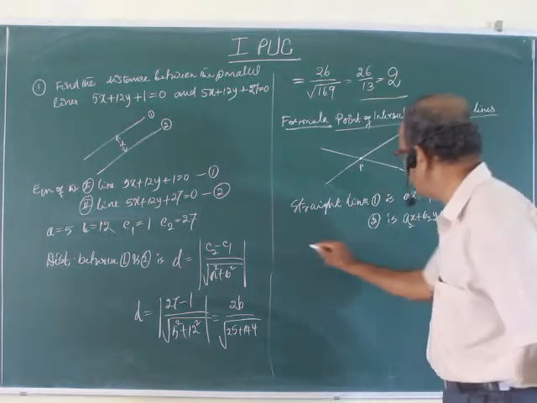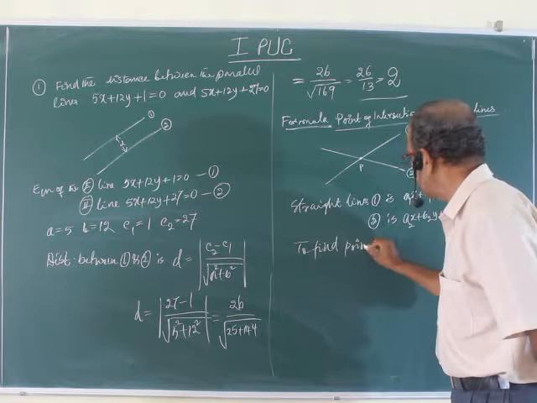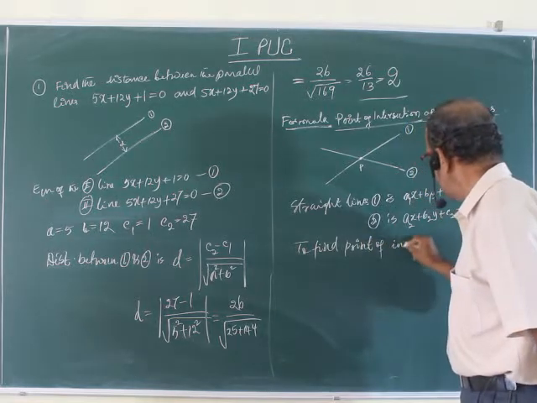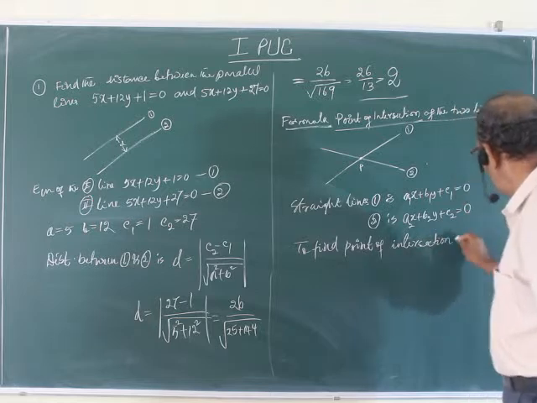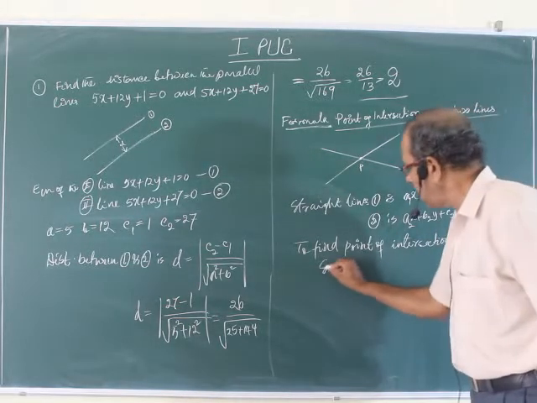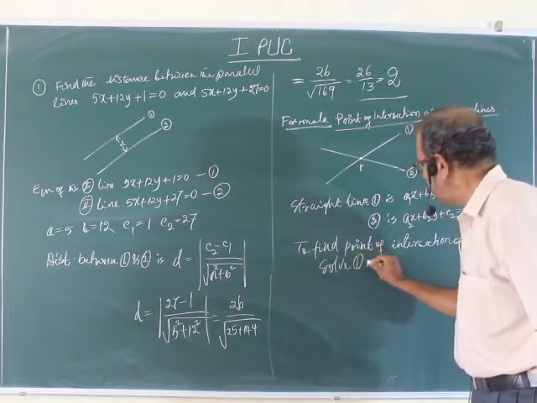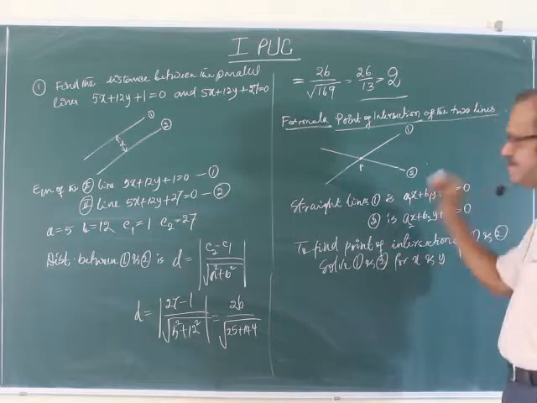Let me write straight away. To find point of intersection of 1 and 2, solve 1 and 2 for x and y.